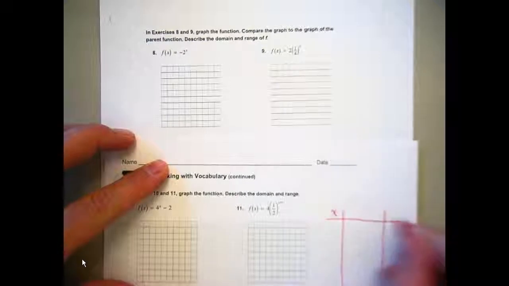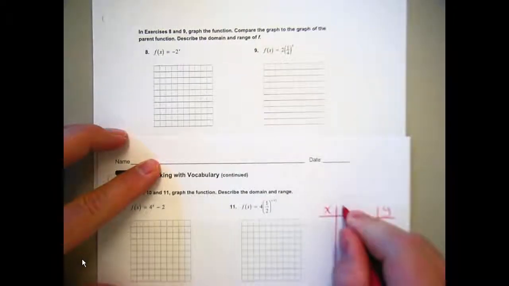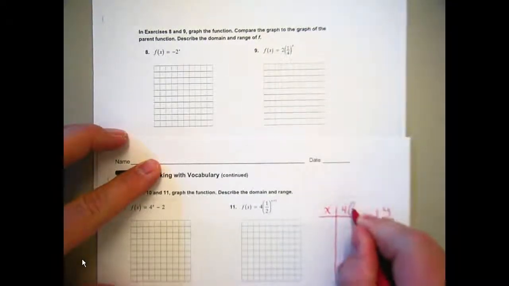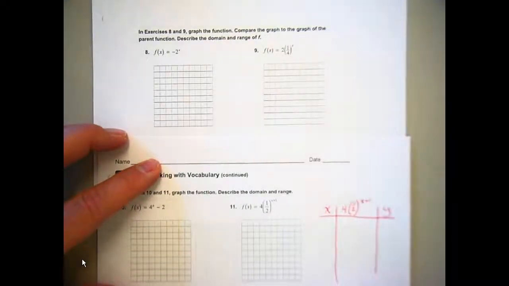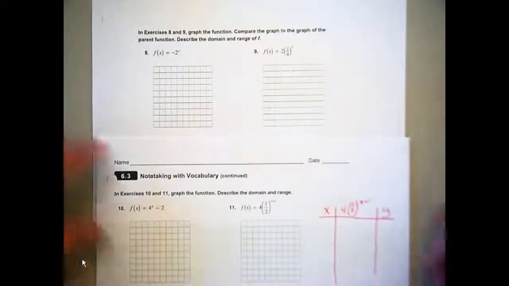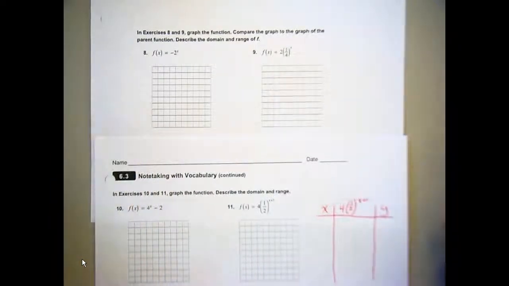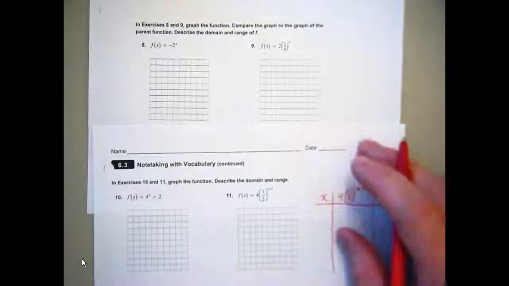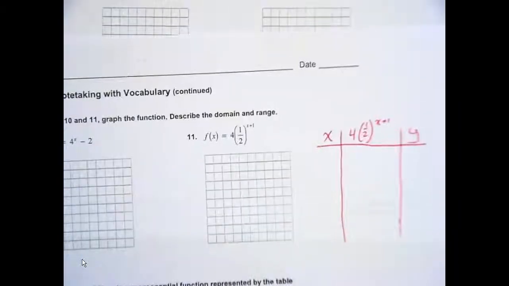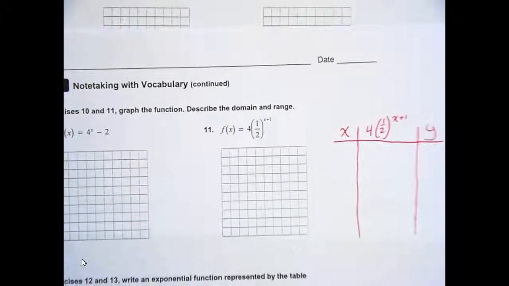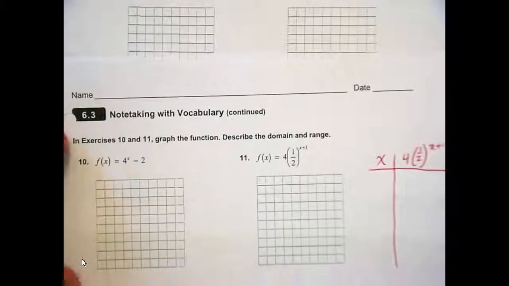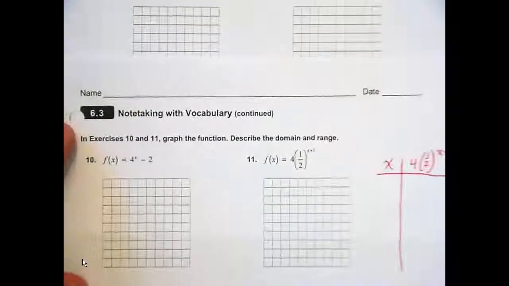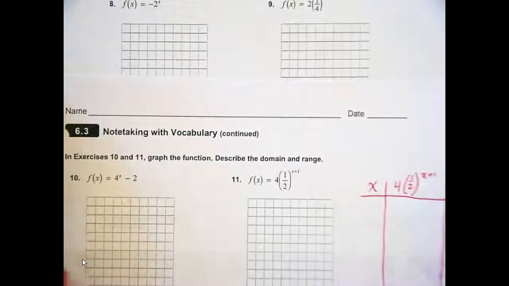I'd suggest making your table like this, so you have room to keep track of some work. 10 and 11 will challenge you a bit more. 1 through 9 on page 181 and 10 and 11 on page 182. Okay, off you go.